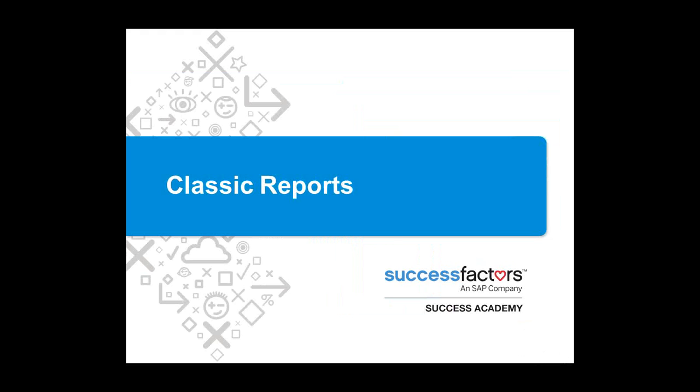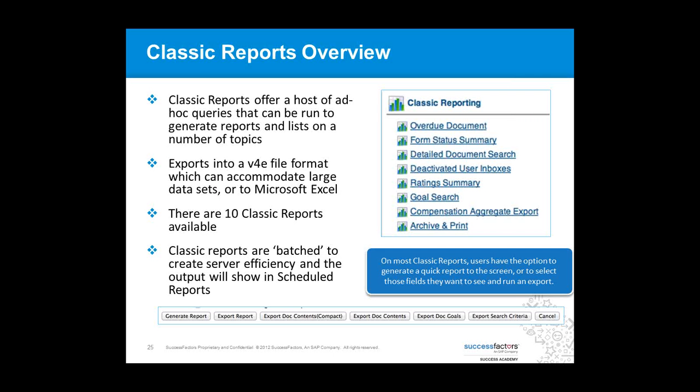Coming to classic reports, classic reports offer ad hoc queries that can be run to generate reports on a number of topics. They can be exported to Excel, and there are about 10 classic reports. Classic reports can also be scheduled at whatever time we want, and the report emailed to us.